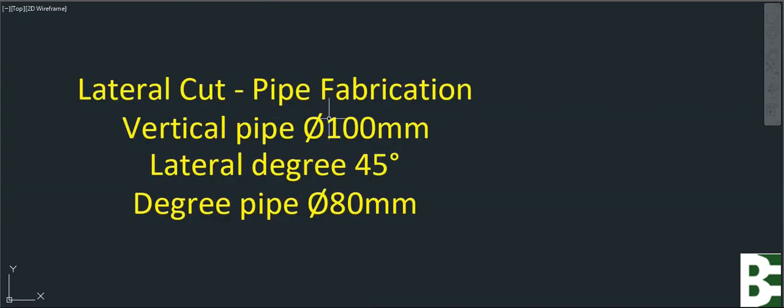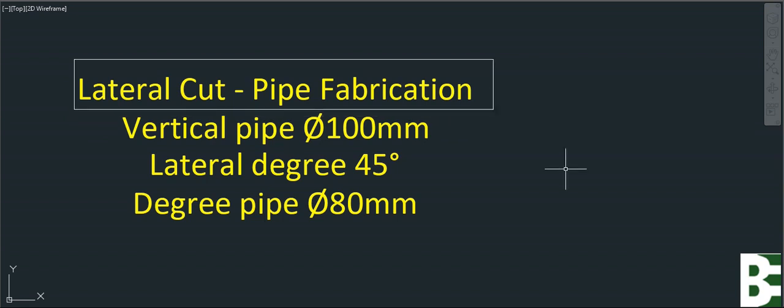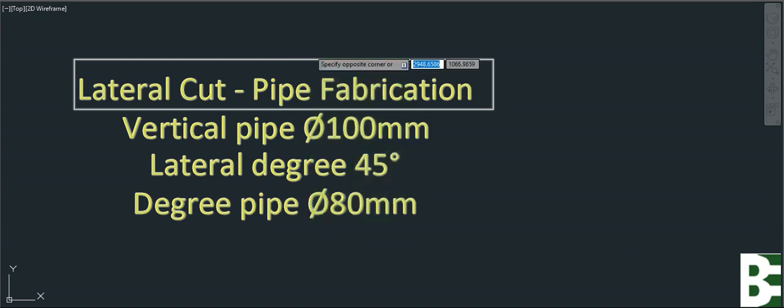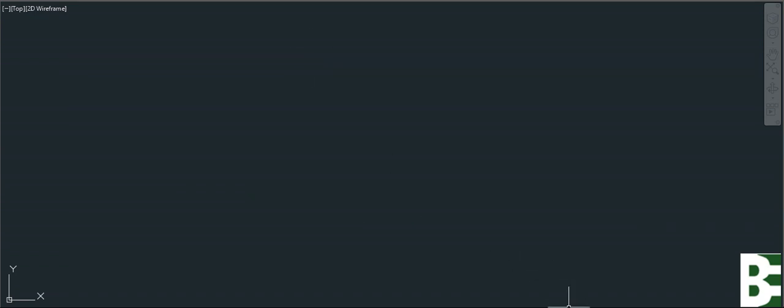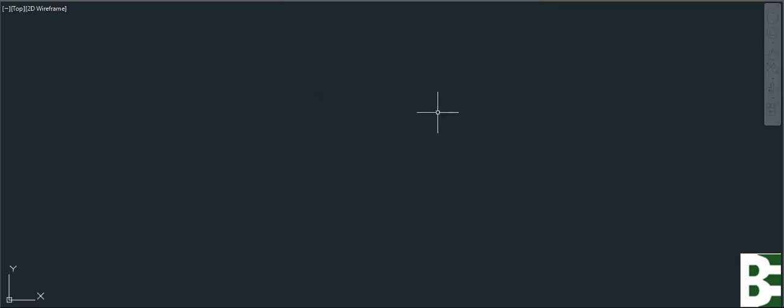We have a lateral cut pipe fabrication. The vertical pipe dia, for example, is 100 and the lateral degree we have is 45, and the other pipe which will be connected with the vertical will be 80 millimeter.